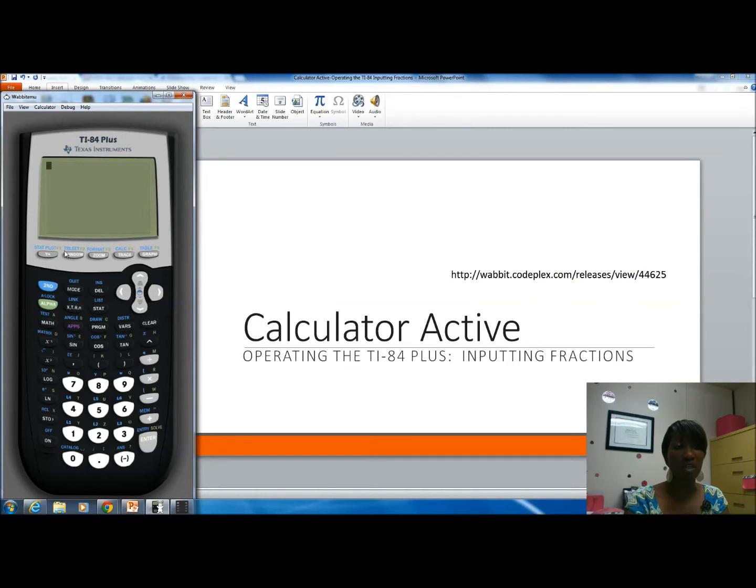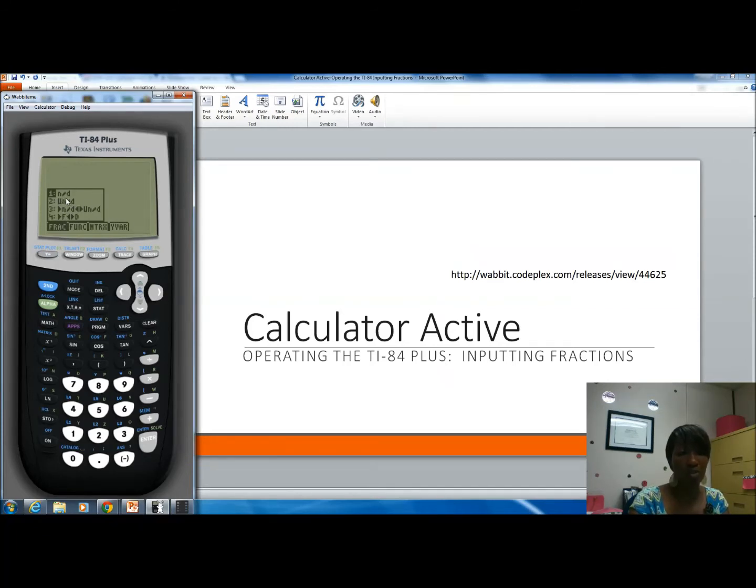If you look directly under the screen, the 5 keys here have second functions, which are in blue, and they have functions F1, 2, 3, 4, and 5, which can be accessed by using the green alpha button. So if we press the green alpha and the y equals, that calls up function 1, which gives us the fraction options here.